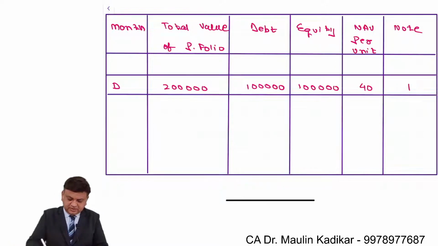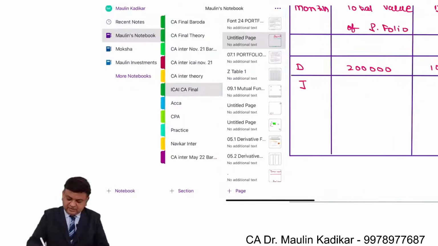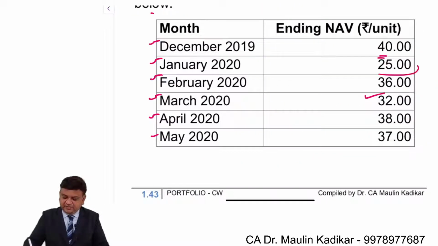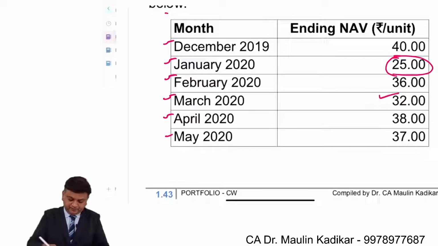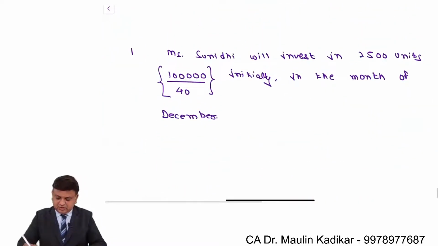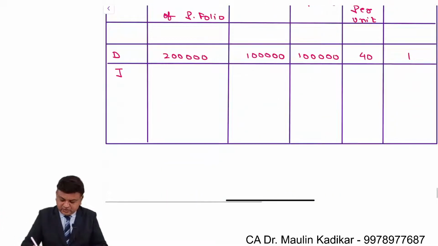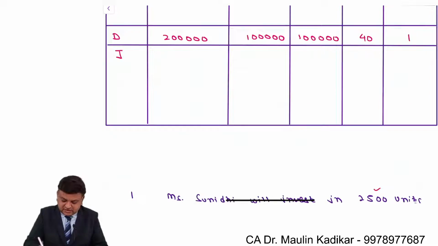Now the month of January comes. In the month of January we can see that NAV per unit is 25. So these 2500 units into 25: the equity value is 25 into 2500, that comes to 62,500.